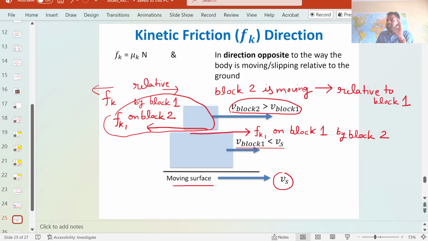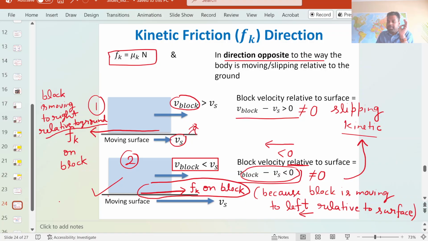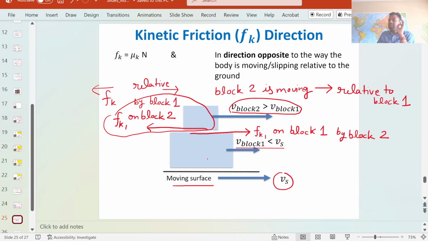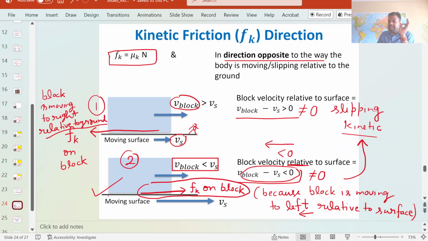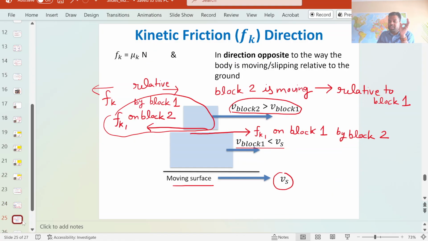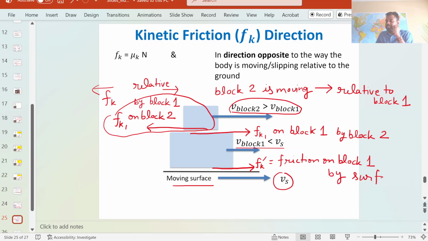So V block 1 is less than Vs. Just like the example we talked about earlier, V block is less than Vs, what will happen? The surface will apply a friction force, I will call it Fk prime, which is the friction on block 1 by the surface.